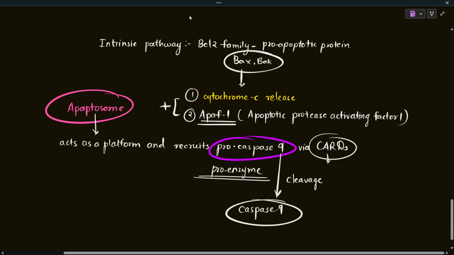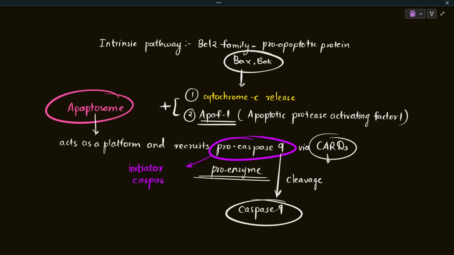This is going to initiate the downstream signaling, and that is why caspase 9 is called the initiator caspase.